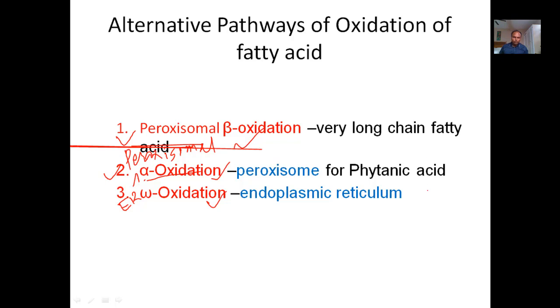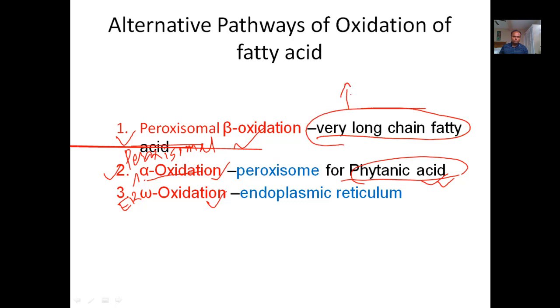Only one fatty acid is oxidized through alpha oxidation, and that is phytanic acid. This is very important. We will talk about this later. And then very long chain fatty acids are oxidized through peroxisomal beta oxidation, which converts very long chain fatty acid into long chain fatty acid.